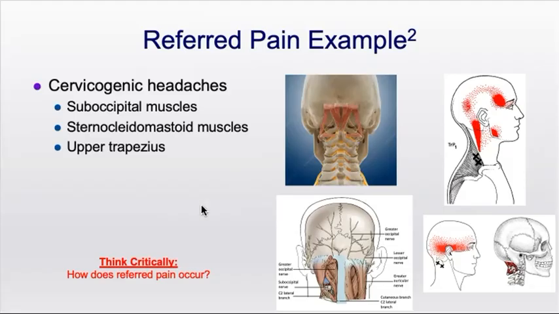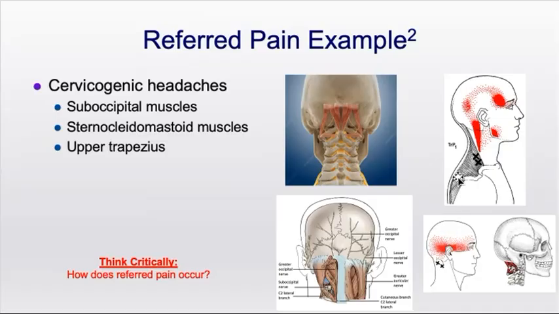So when the suboccipitals are tight, or if you're having a painful stimulus to the suboccipitals, it can be sensed as the dermatomal distribution shown here on the bottom right. So if people have really tight suboccipitals, if you palpate them, you can cause a painful stimulus that comes up and wraps around the back of the head.